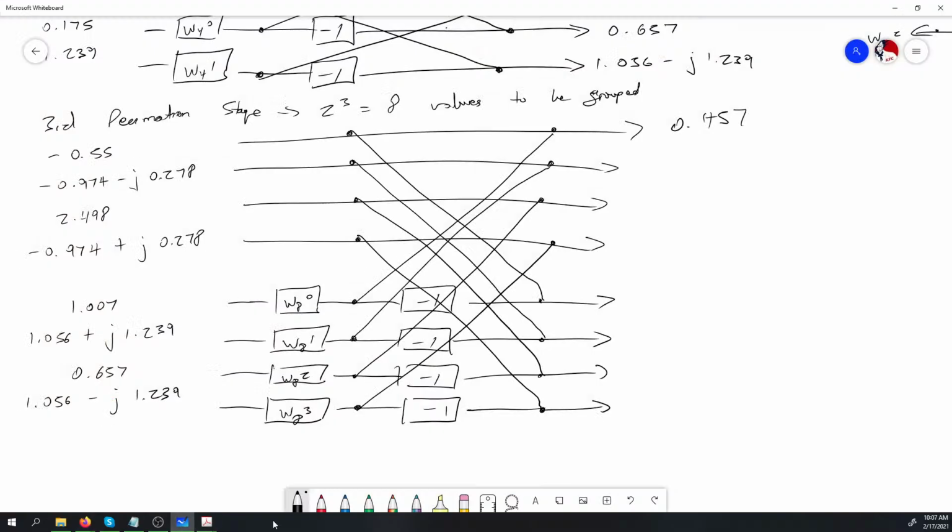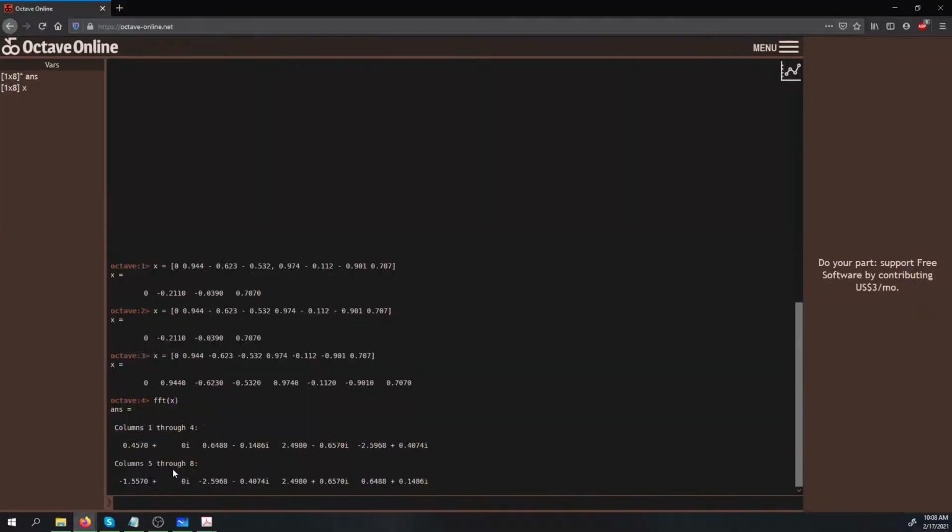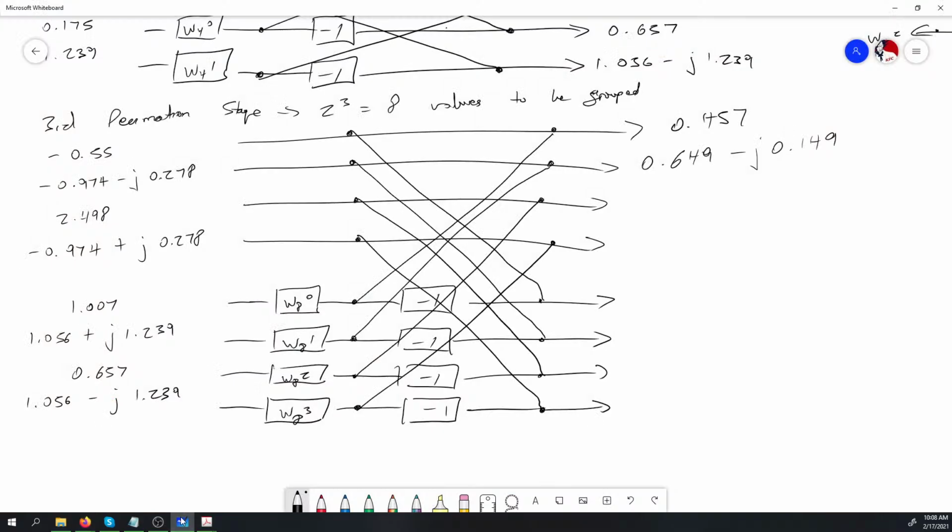So this is going to be 0.649 minus j 0.149. Alright, verify that. Yep, all right. Our third value here was 2.498 minus 0.657i, so I'll just put that in accordingly.